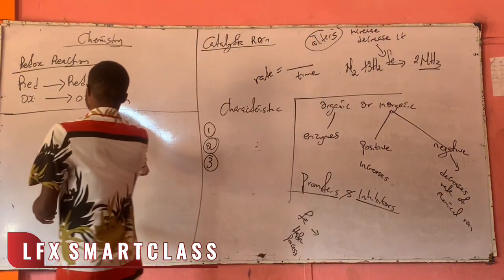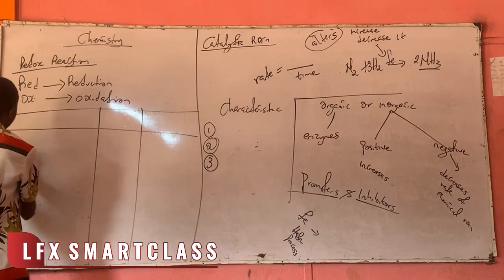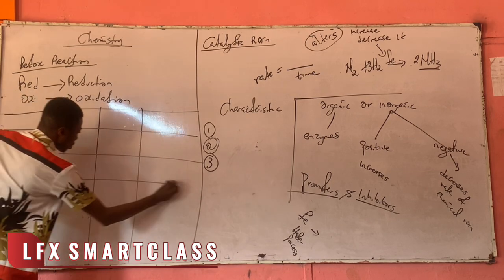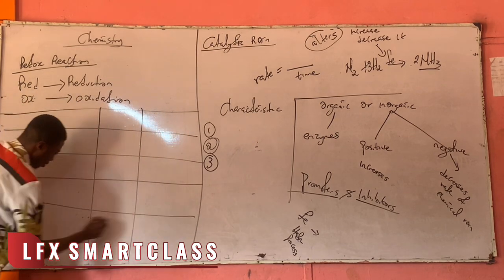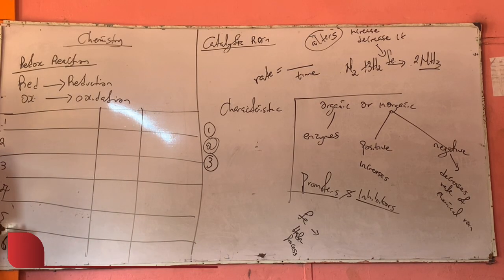First, I can use a table so you can understand this one. 1, 2, 3, 4, 5, and there's 6.